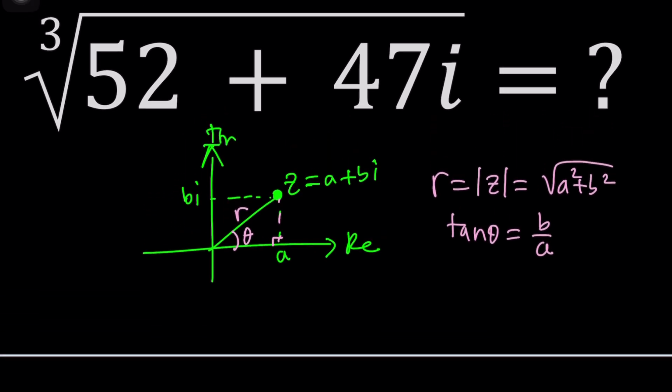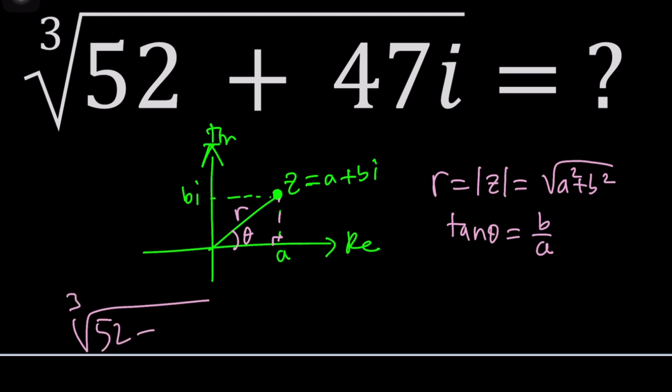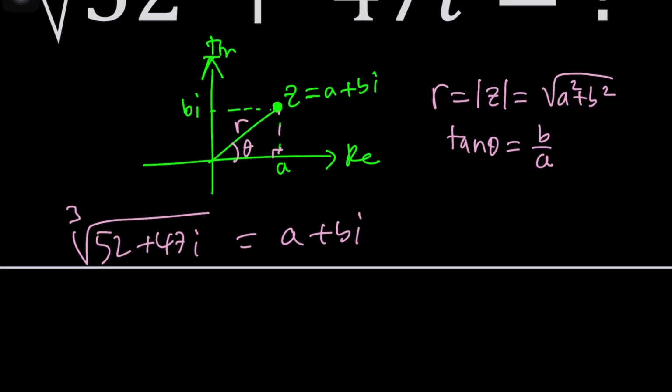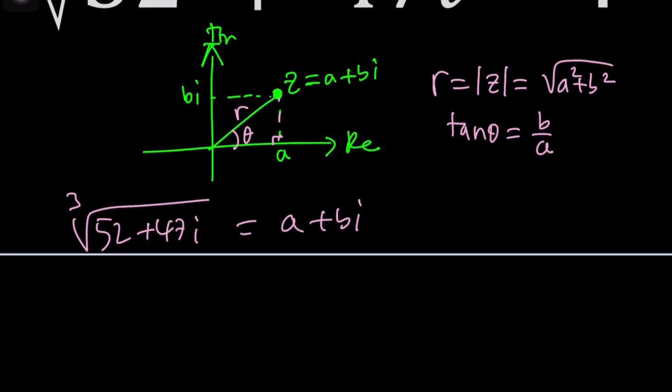Okay, so why did I say all of that? Because when you cube a complex number, suppose the cube root of 52 plus 47i is equal to a plus bi, then I could easily cube both sides. But what would happen to the argument of the cube of this number?